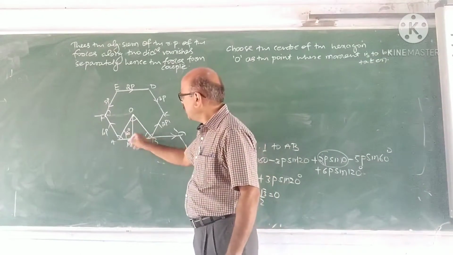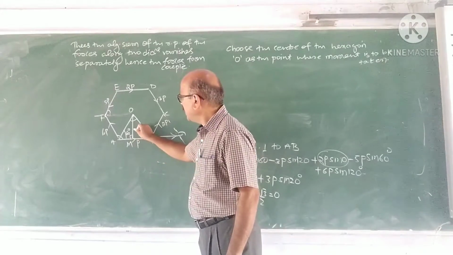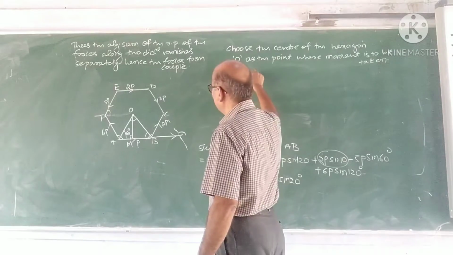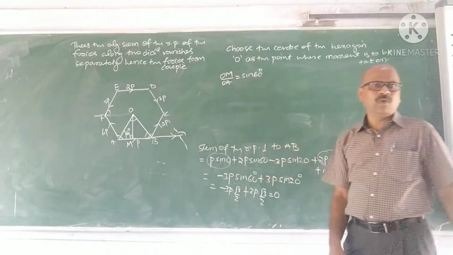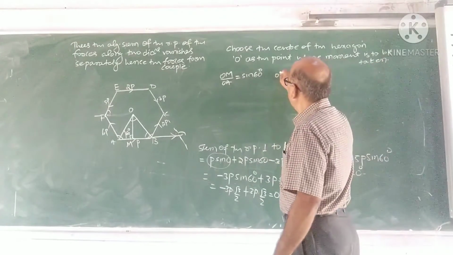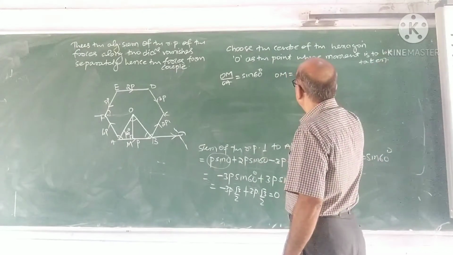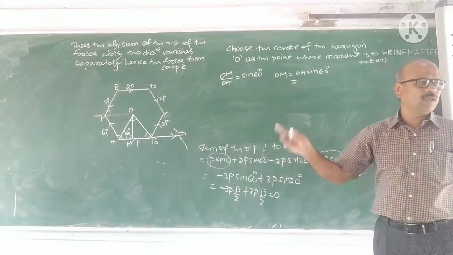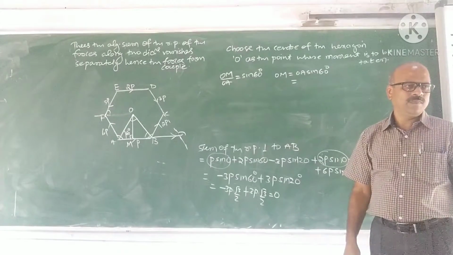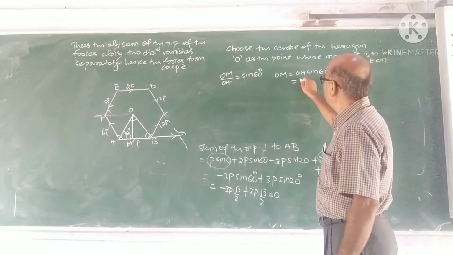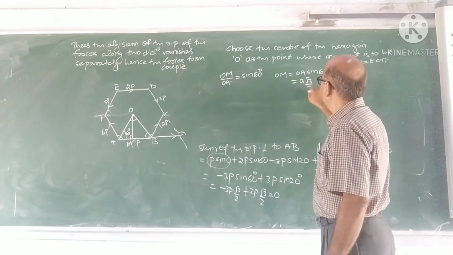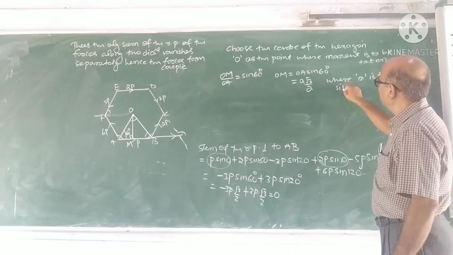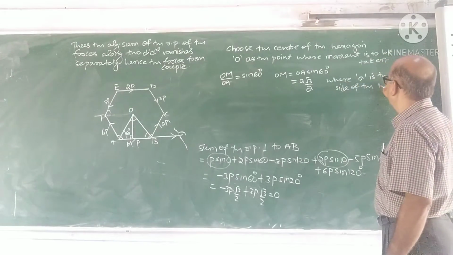To find the altitude, this is the perpendicular. I take OM upon OA is sin 60, so OM is OA sin 60. What is OA? Is the side of the regular hexagon given in the problem? Not given. Let us take the side as a, where small a is the side of the hexagon.